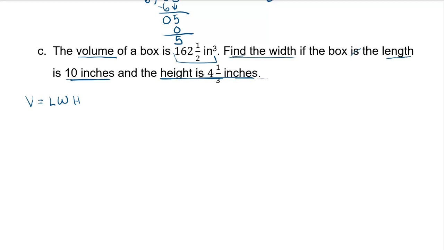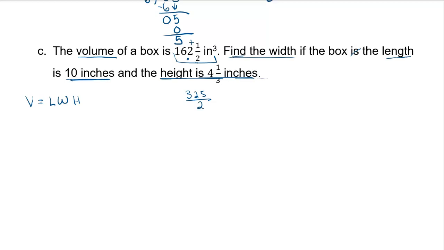So there's my formula. Now, 162 1/2. Well, to convert that, I do my denominator 2 times my 162. That gives me, so this calculation is 324 plus 1. So I get 325 over 2.